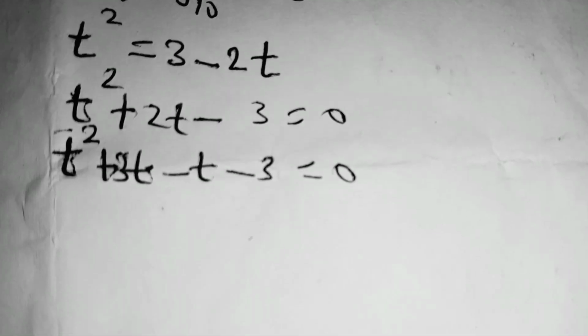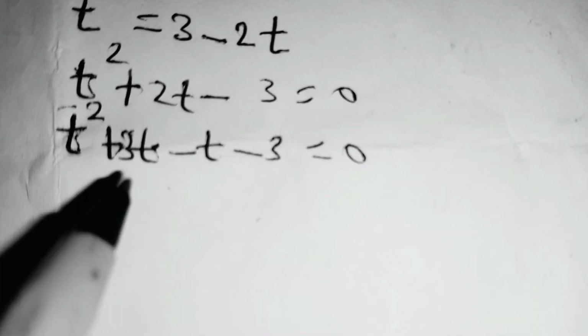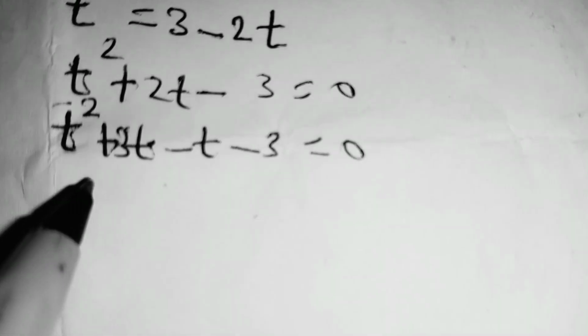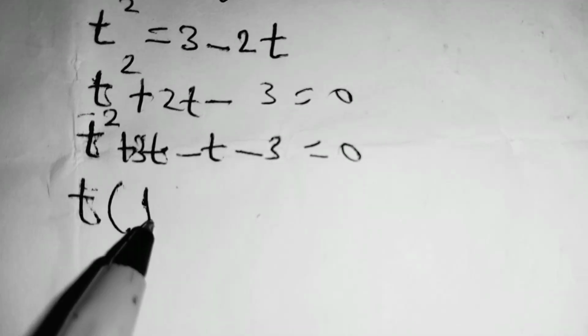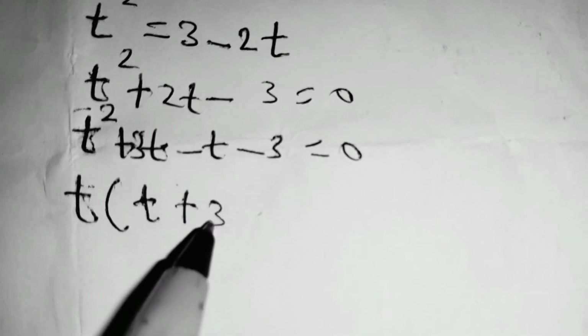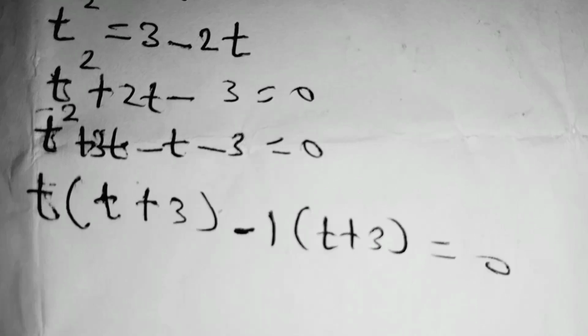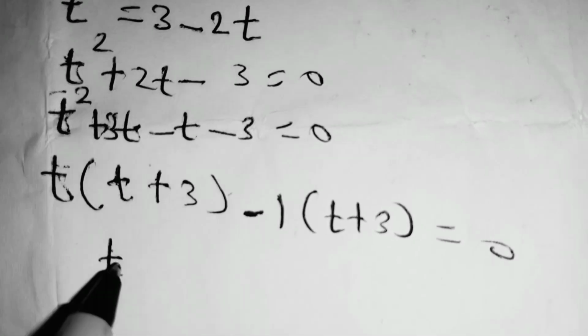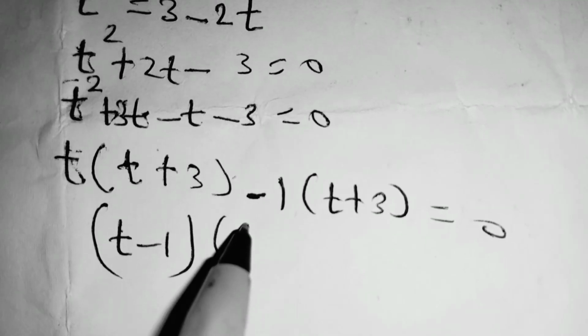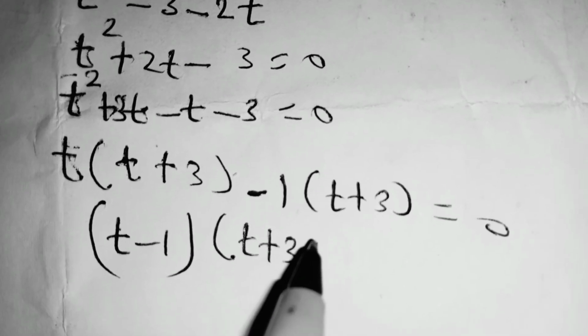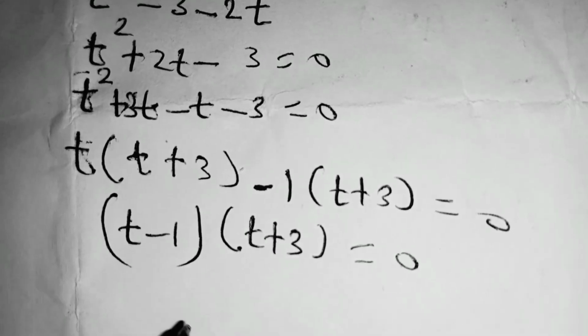Since 3t minus t is 2t, so we factor t in the first two terms, so that we shall be left with the t plus 3. In the last two terms, we factorize negative 1. So we shall have t minus 1 multiplied by t plus 3 is equal to 0.